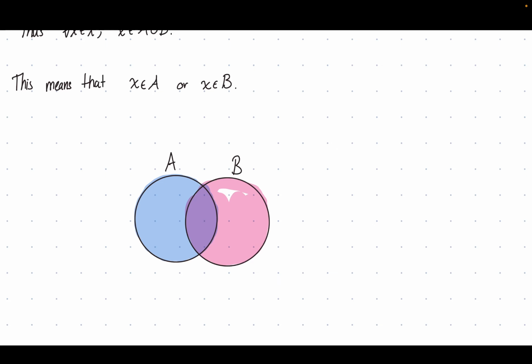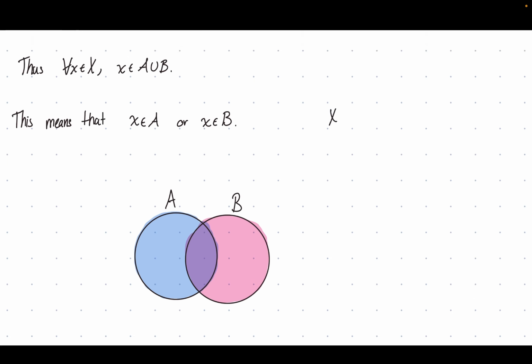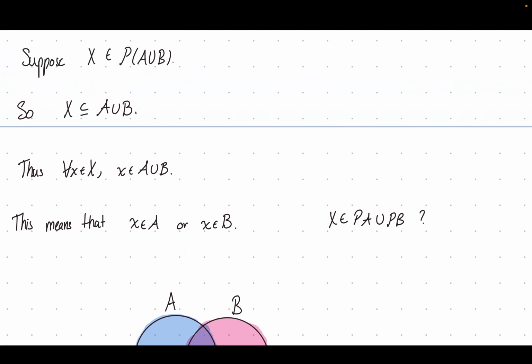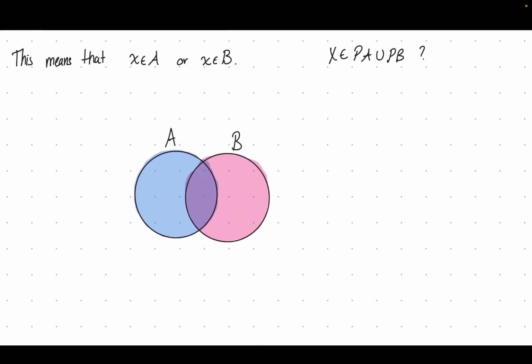So what would it mean for X to be in the power set of A union the power set of B? This would mean that either X is a subset of A or X is a subset of B. And this happens when X is neatly contained within either one of these two circles.